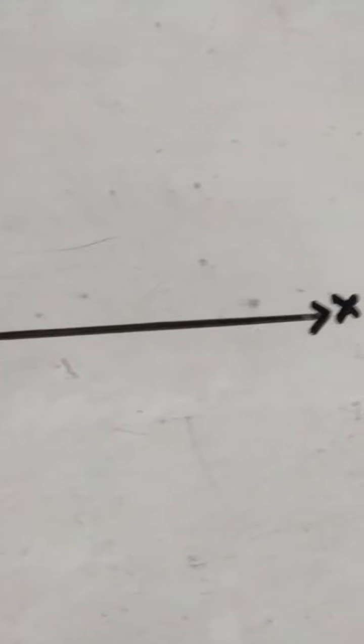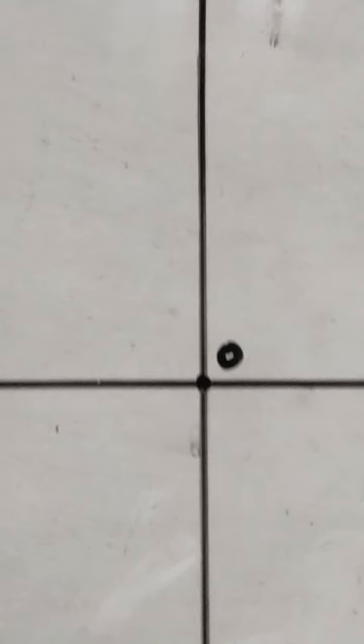You see over here. One line is a horizontal line, that is x-axis, and another line is a vertical line, that is y-axis, and these two lines intersect each other at point O, and that too perpendicularly.